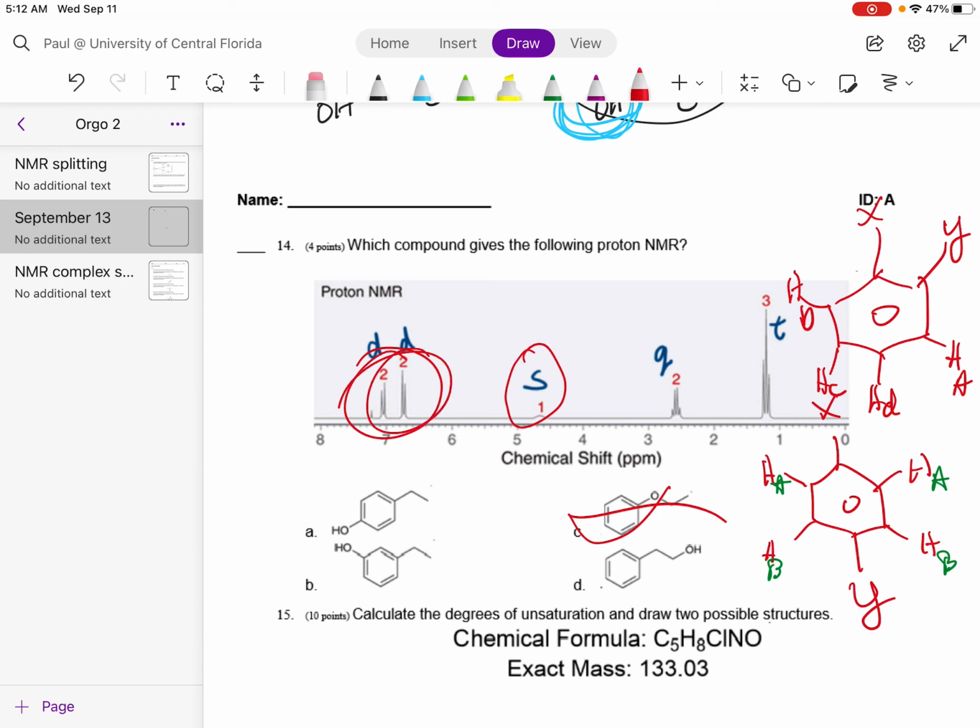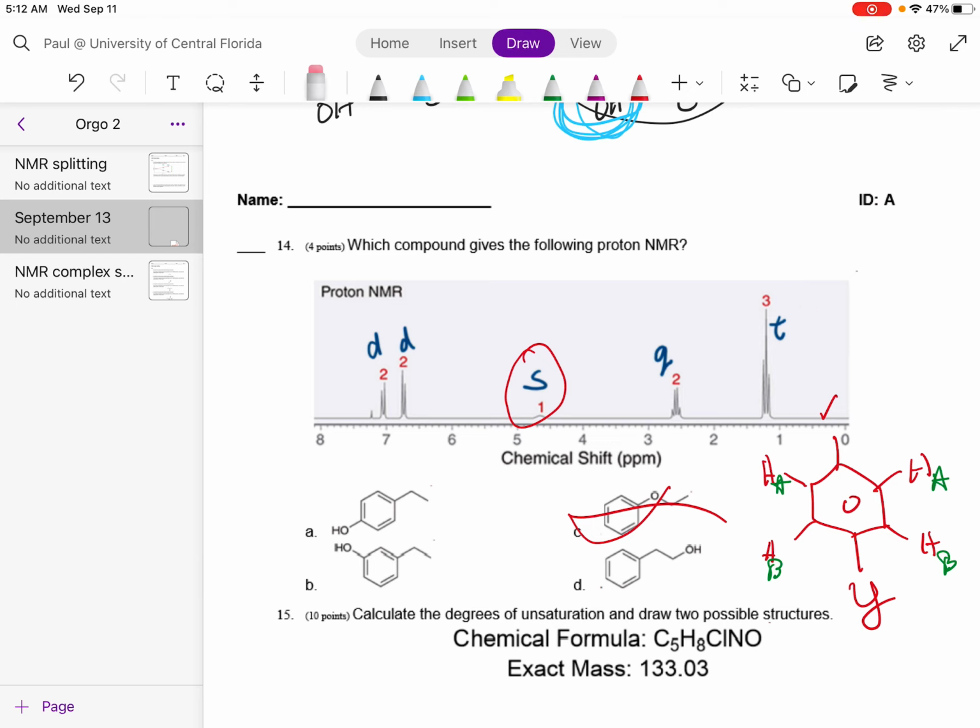And that's not the splitting pattern that we see in our spectrum. So based off of that analysis, we've got to get rid of everything that's not a para-disubstituted species. So D is just a monosubstituted species, so that's off the table. B is a meta-disubstituted species, so that one's off. And A is the only one that's para-substituted.